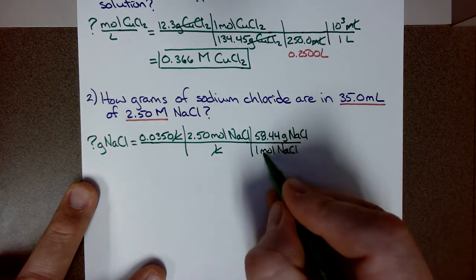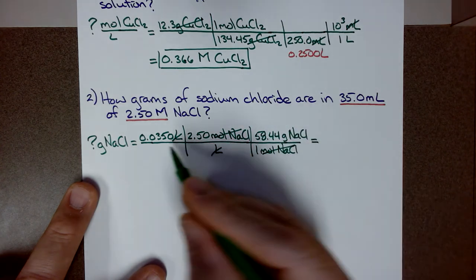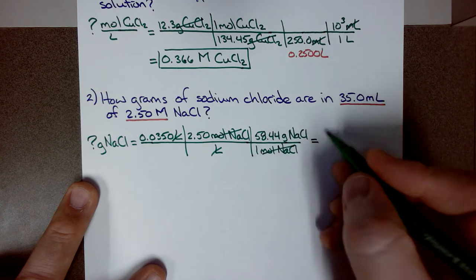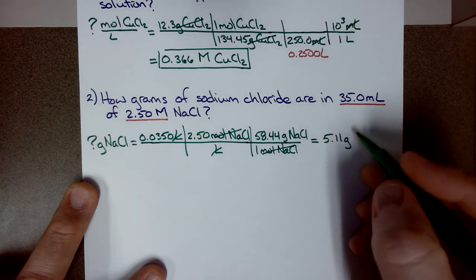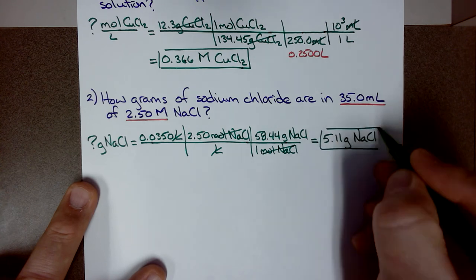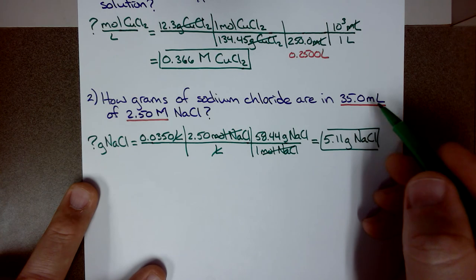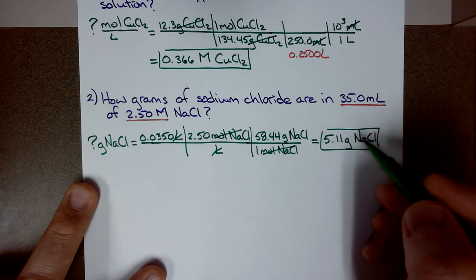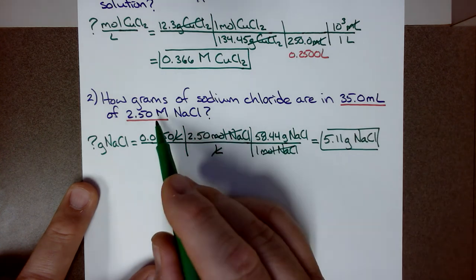Okay, so the moles cancel, I have grams, that's what I'm looking for. So when I multiply across the top, I'll get 5.11 grams of sodium chloride. So if I take this 35 milliliter sample and I evaporate all the water, I will get 5.11 grams of sodium chloride when there's this concentration of it.